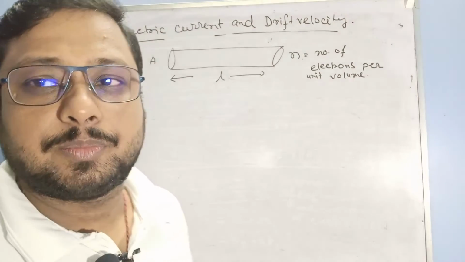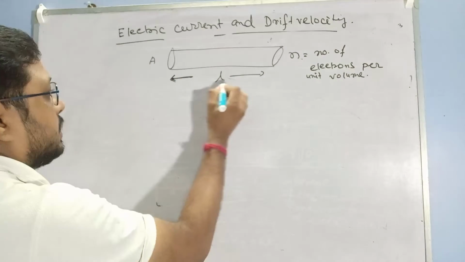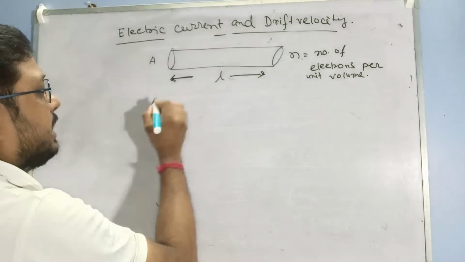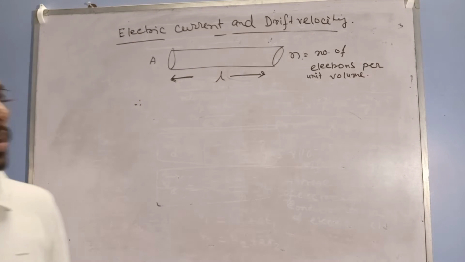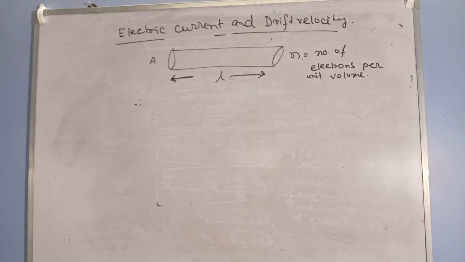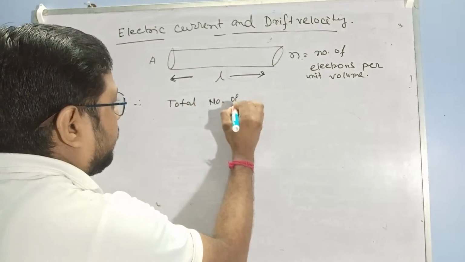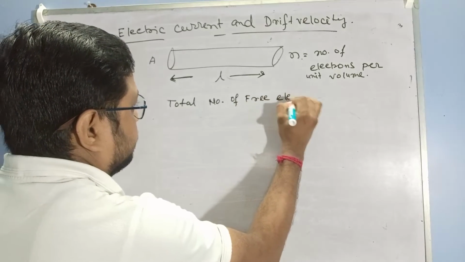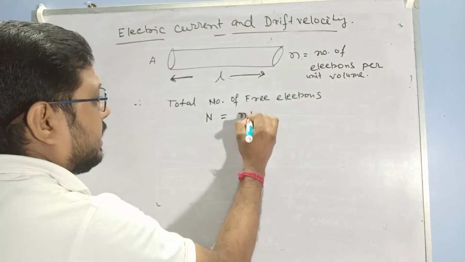Therefore, the total number of free electrons in length L, capital N, is equal to nAL.